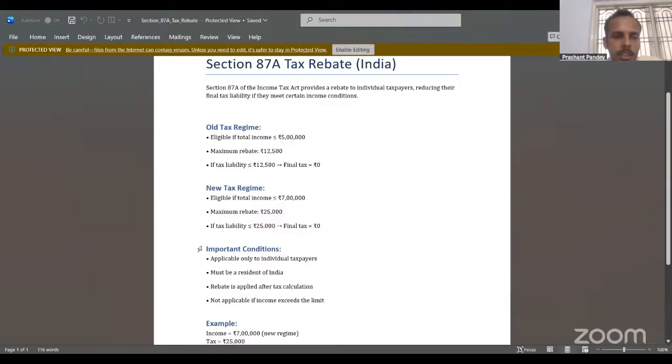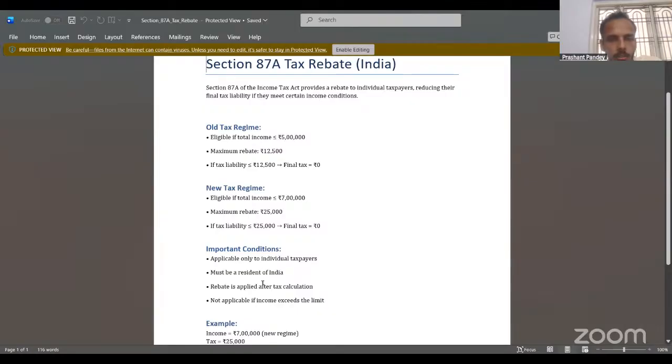And these conditions are essential because if the conditions are not met, the SSC cannot avail these tax rebates. Only if the conditions are met, you can enjoy the tax rebates. So these are the four essential requirements that the SSC must satisfy.